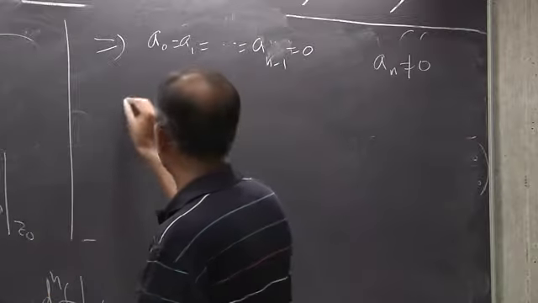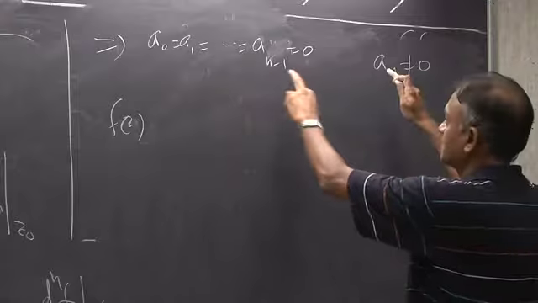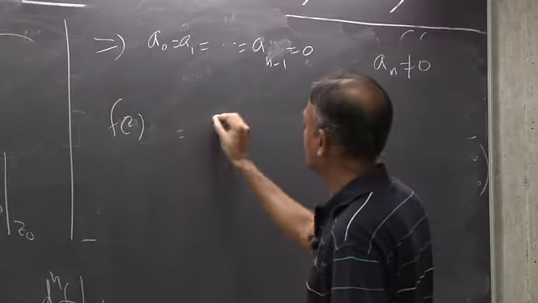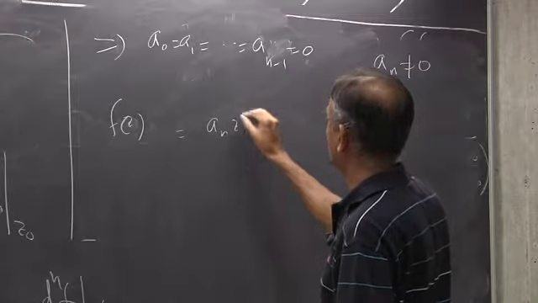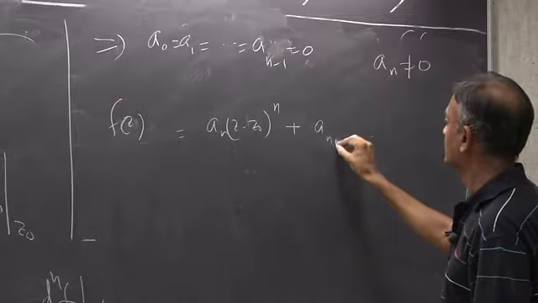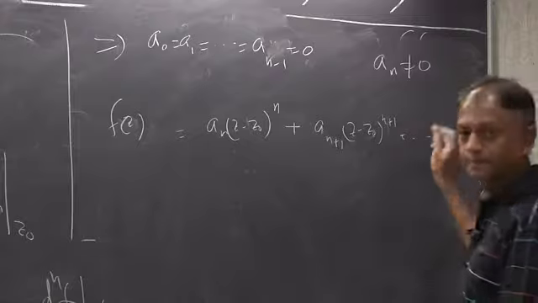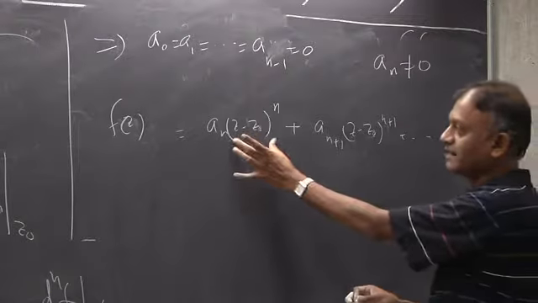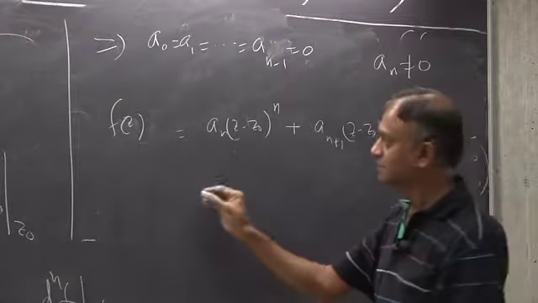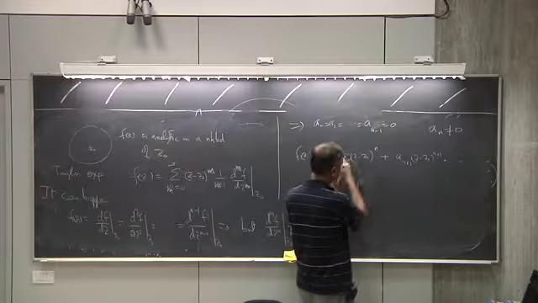So this expansion of f of z will start from a_n, so it will be a_n times (z minus z0) to the power of n plus a_(n+1) times (z minus z0) to the n plus 1 and so on, right? There will always be (z minus z0) to the n common to everything, so I can take it out as a common factor.